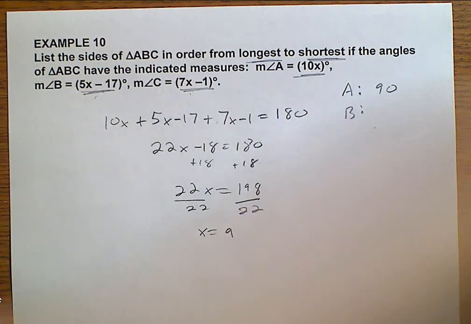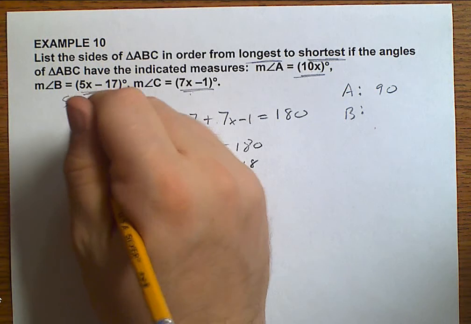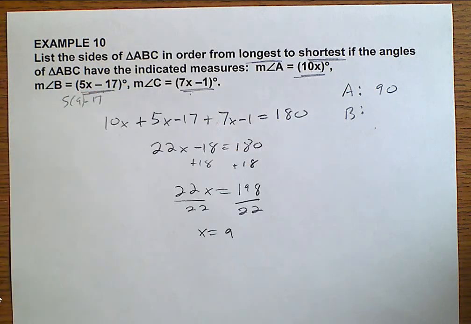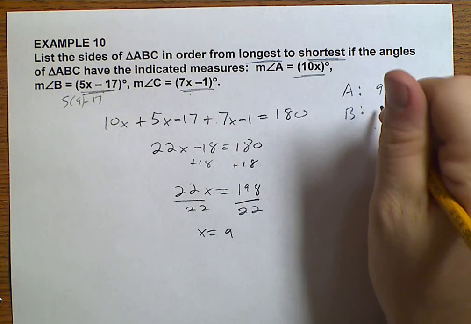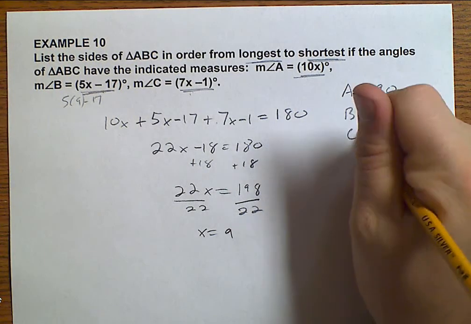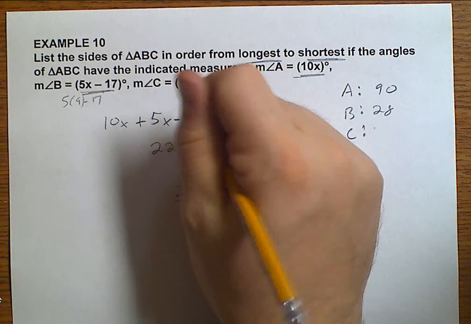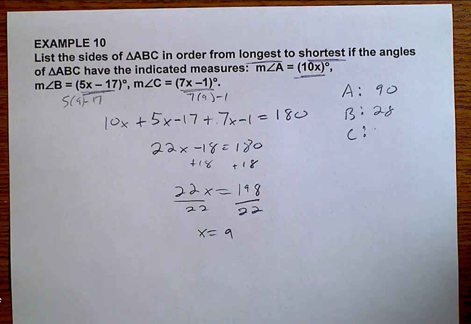And then we'll do 5 times 9 minus 17, which equals 28. And 7 times 9 minus 1 is 62.